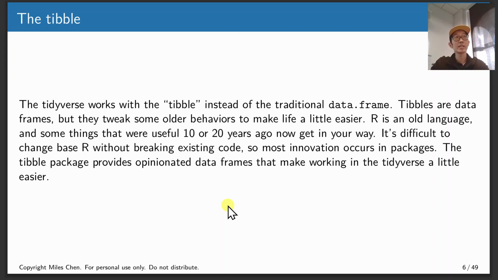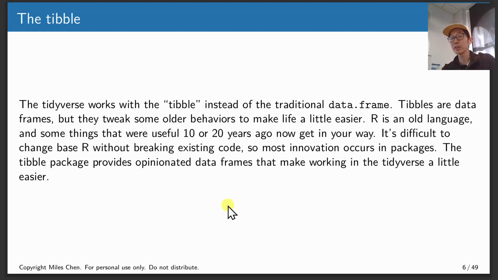And it's difficult to change the functionality of base R without breaking a bunch of other stuff that depends on it. So a lot of innovation occurs in these add-on packages that a bunch of developers work on.